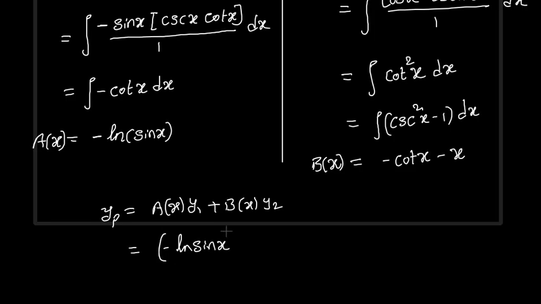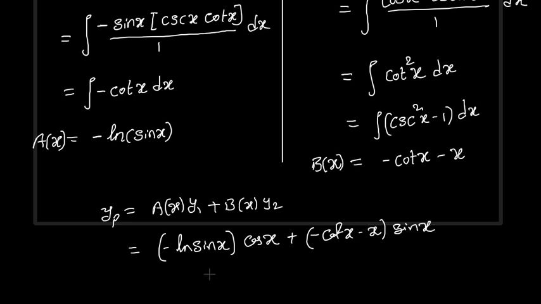Okay, this is a of x into y1, which is actually cos x, plus b of x, which is minus cot x, into y2, which is sin x.